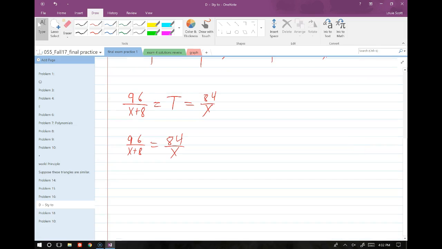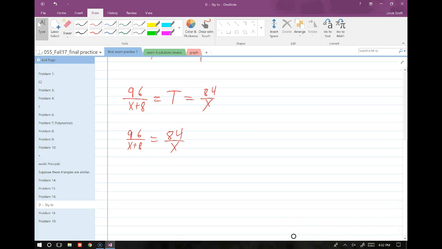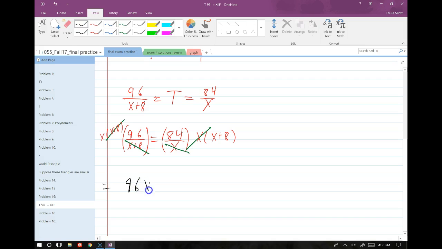Now we're going to multiply both sides by an LCD. Since both these denominators are prime, we just multiply the denominators together to get the LCD. So I have x times x plus 8. Now over here on my left side, you'll notice that the x plus 8s will cancel. And on the right side, you'll notice that the x's will cancel. So the next line is 96x on the left and 84 times x plus 8 on the right.